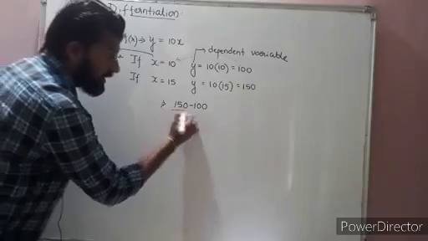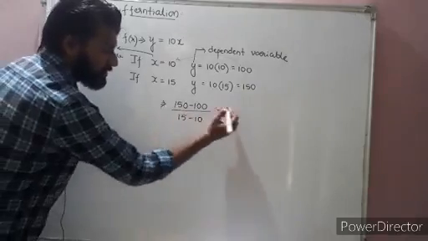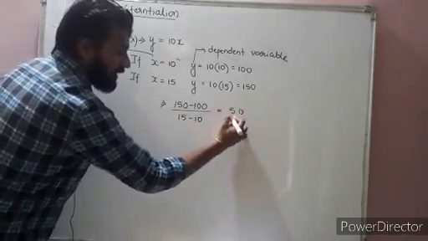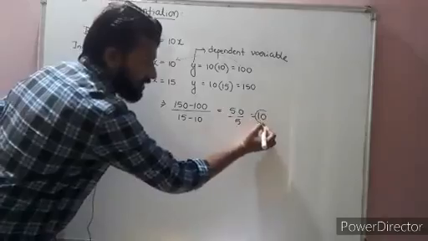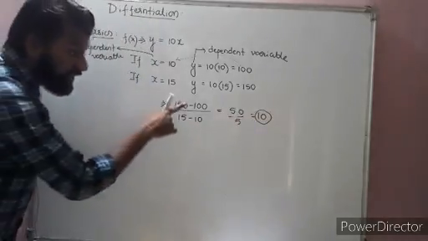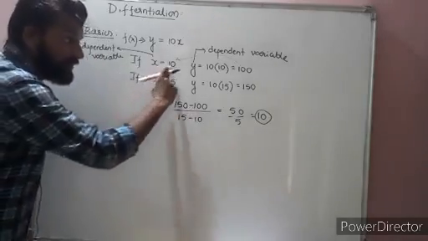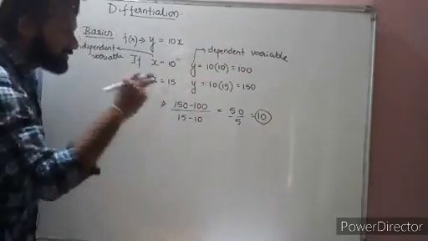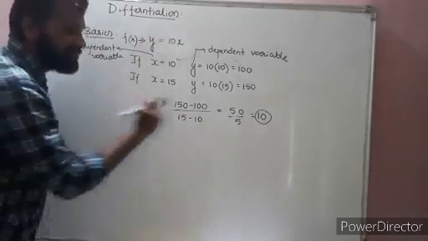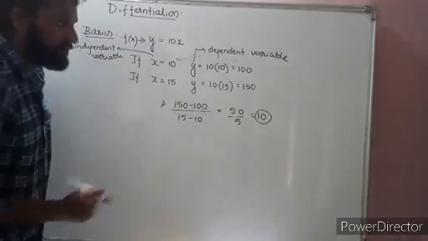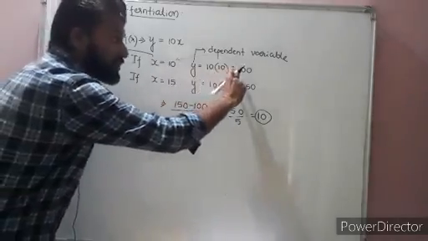Now you can easily see that 150 minus 100 is 50, and 15 minus 10 is 5, which equals 10. So this 10 is the change in y with respect to x, because I am changing x and hence y is changing, and this is what we call derivative. Derivative of y with respect to x is 10. It means if you change a little bit in x, how much amount will be changed in y.